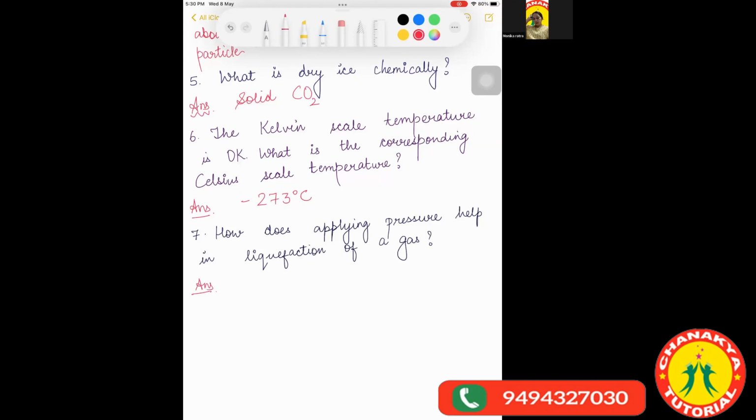Jitendra, can you tell me? When we apply pressure, what happens? Molecules come closer. Good. So what happens? The gas starts to get converted into which state? Liquid. Right.